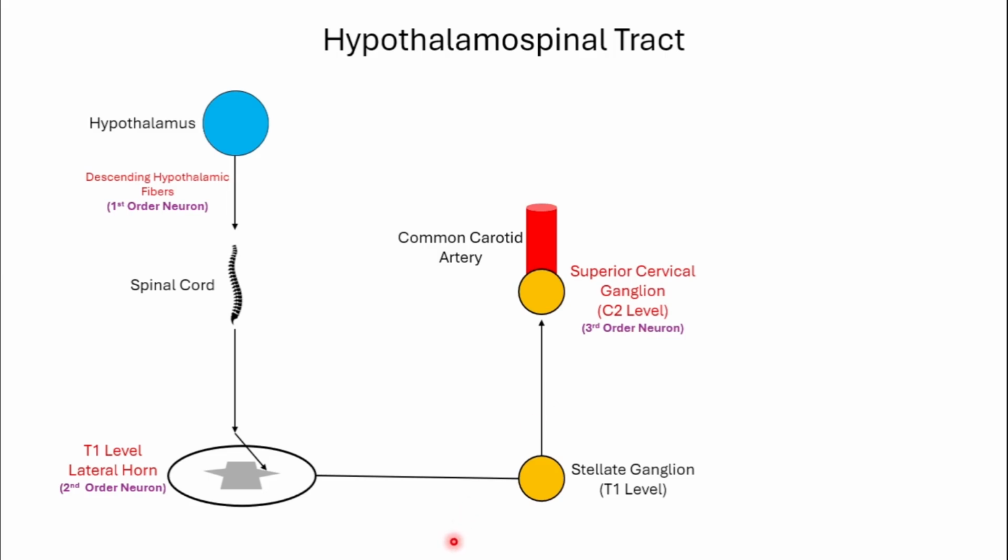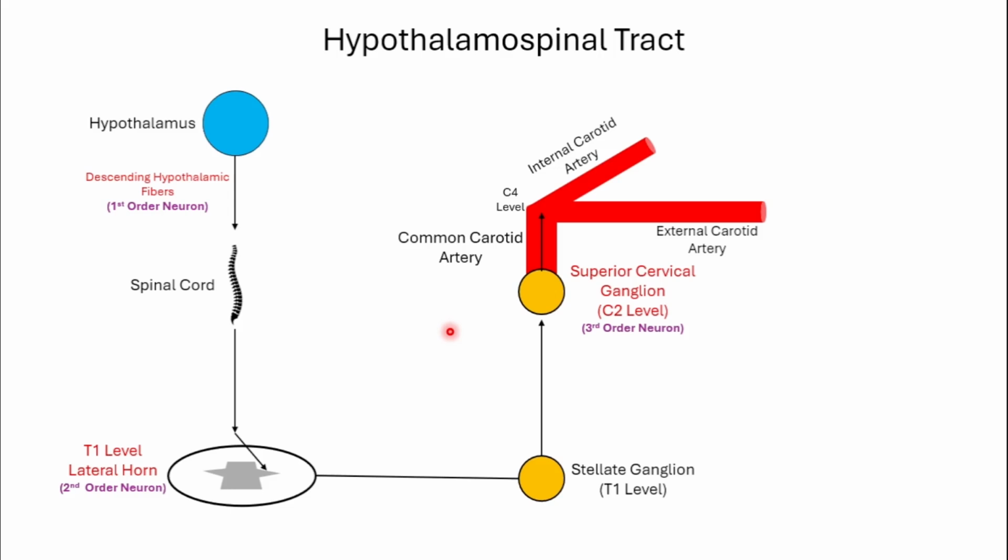From the superior cervical ganglion, the tract ascends to the level of C4, and at that level we have the bifurcation of the common carotid artery into an internal carotid artery and an external carotid artery. Once the tract reaches the bifurcation, it splits into two. A part of it courses parallel to the internal carotid artery, and the other part courses parallel to the external carotid artery.